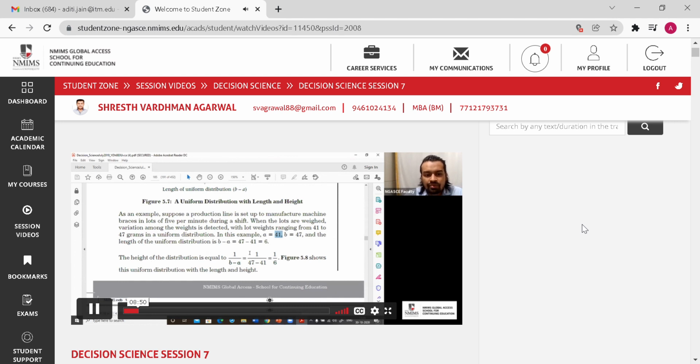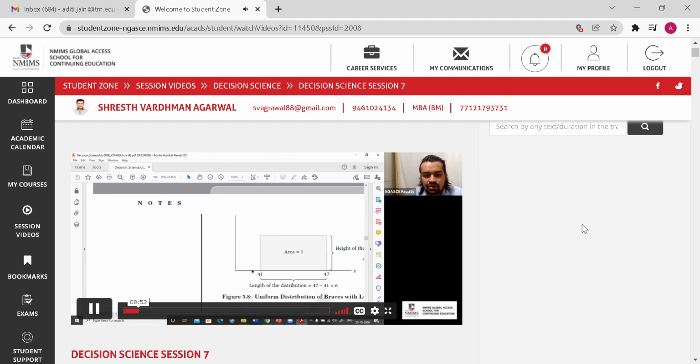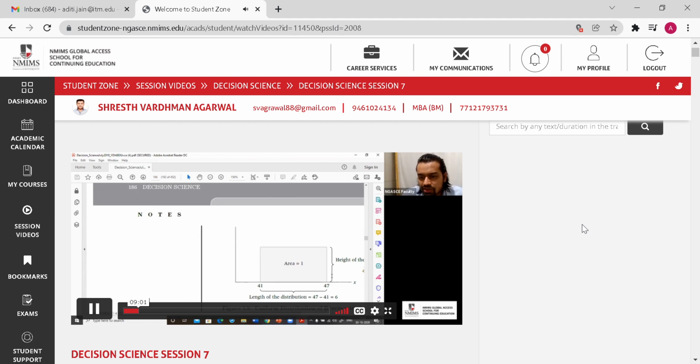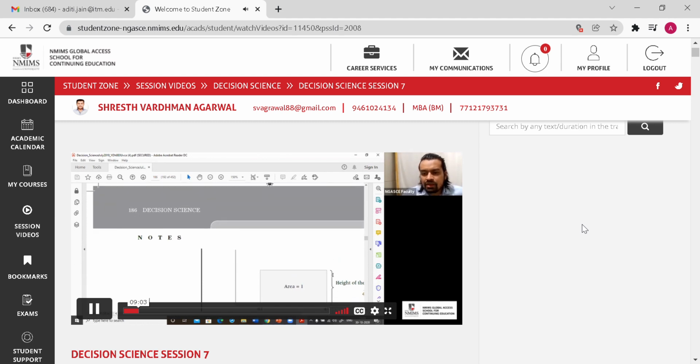So this way you can decide the height of the curve. This is the curve. Here 41 comes, here 47. The height will be 1 by 6. What is 1 by 6?